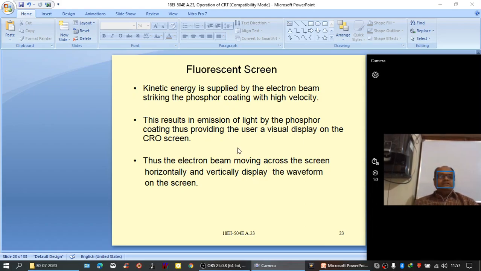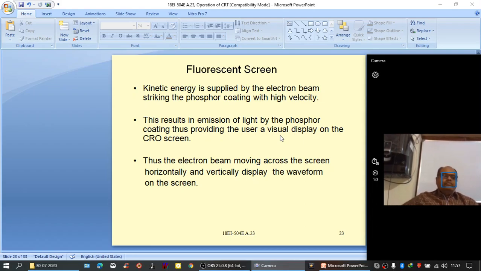This kinetic energy is converted into light energy, and as a result, this results in emission of light by the phosphor coating, thus providing the user a visual display on the CRO screen. A luminous spot will be generated for every collision of the electron beam.